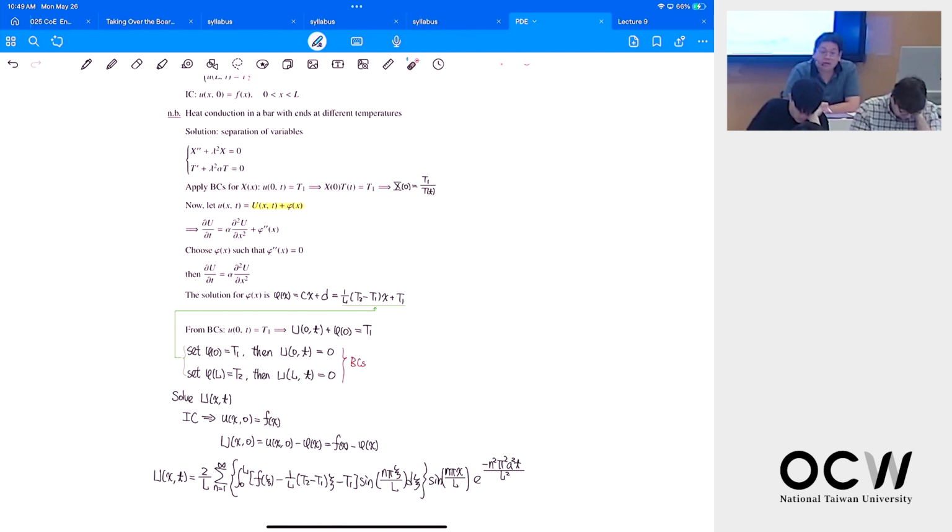With the different boundary conditions, we have different tricks. And then later on, we mentioned non-homogeneous equations and non-homogeneous boundary conditions. And for those two situations, how do you find a solution?